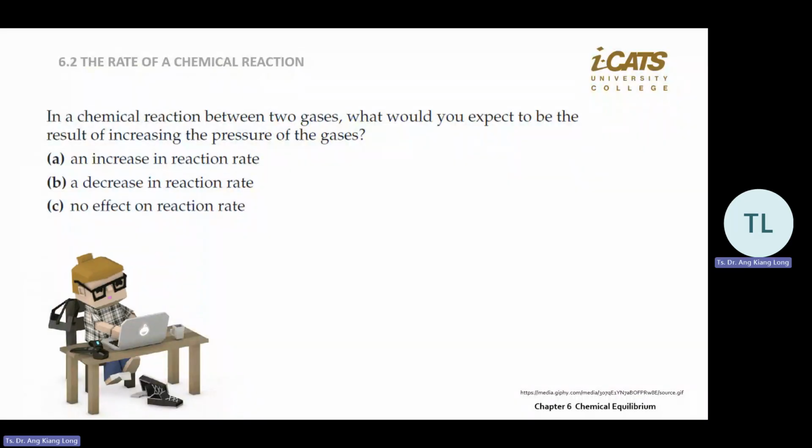Okay, so this is just a quick quiz. In a chemical reaction between two gases, where the reactants are in gas form, what would you expect to be the result of increasing the pressure of the gases? It gives you 3 options.